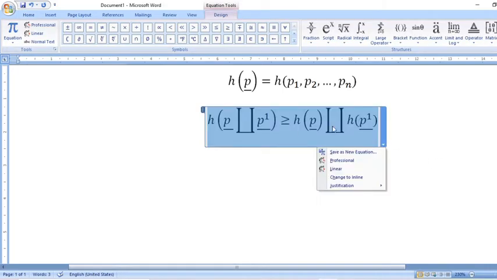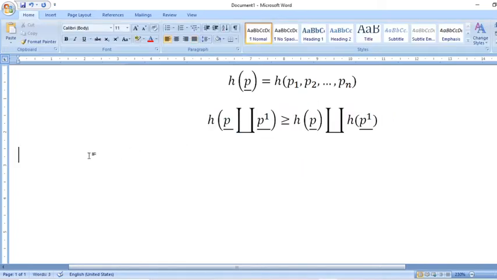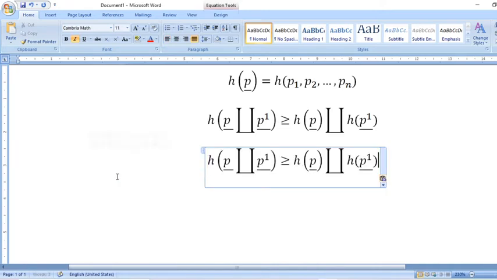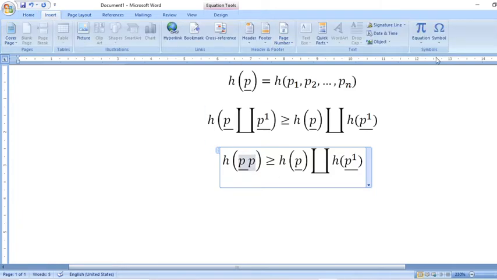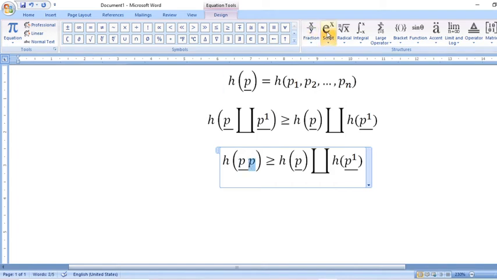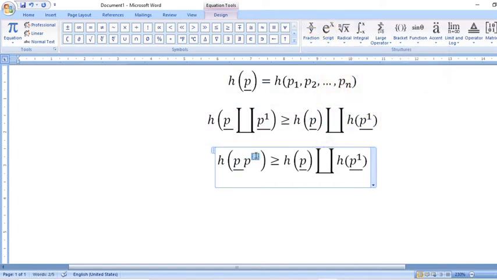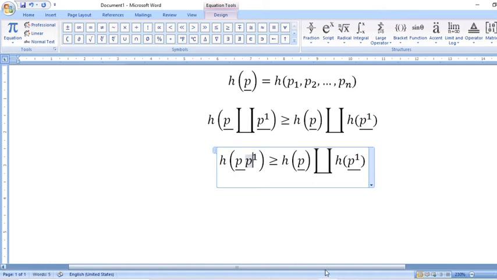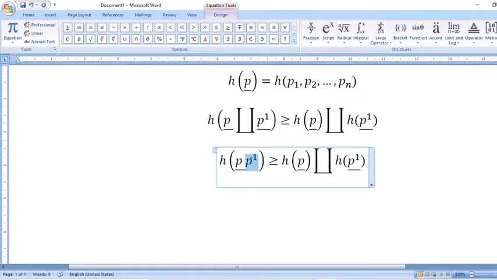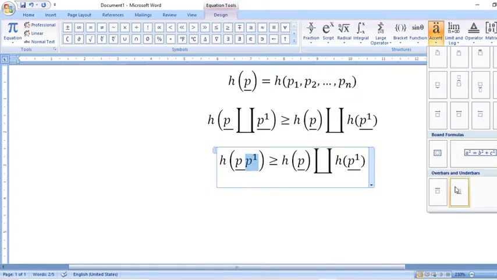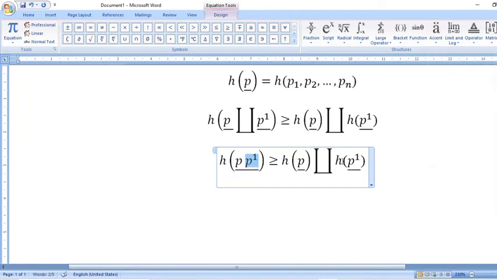So this is the first result we have to prove. And the second result is, so this is what we are trying to prove.